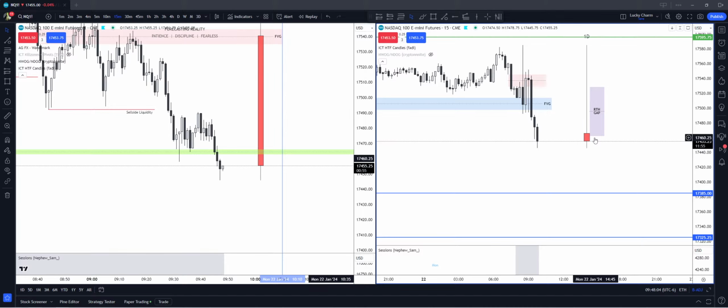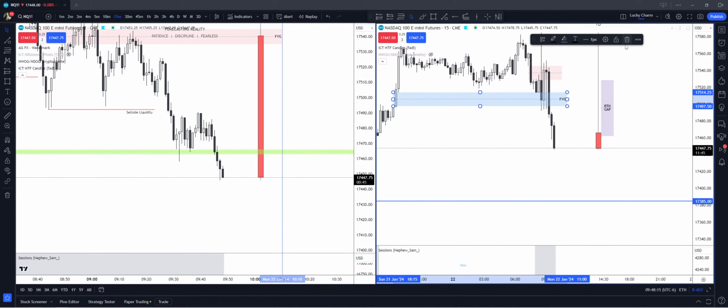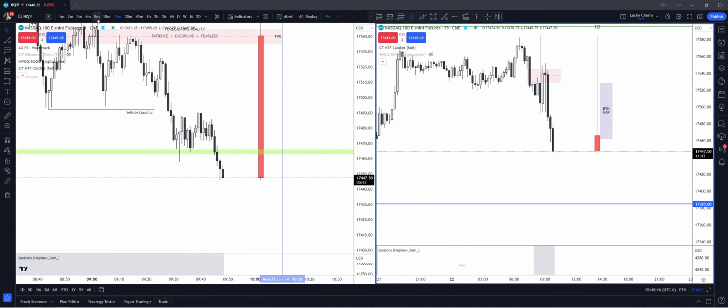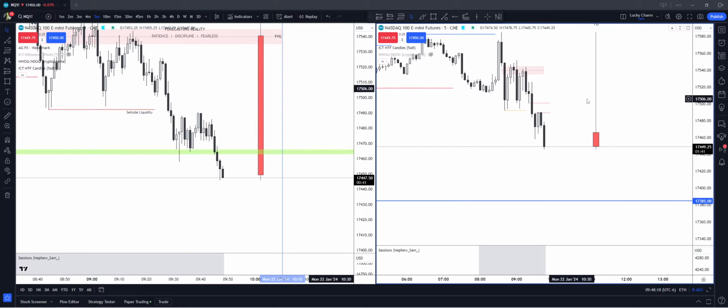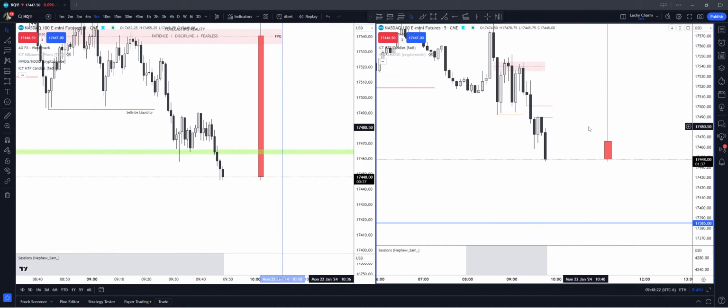You can utilize that in confluence with whatever is your trade idea in the first place. But for me, in terms of getting into this market, there's really nothing here. I could have entered in here, but it's not something I'm fond of.